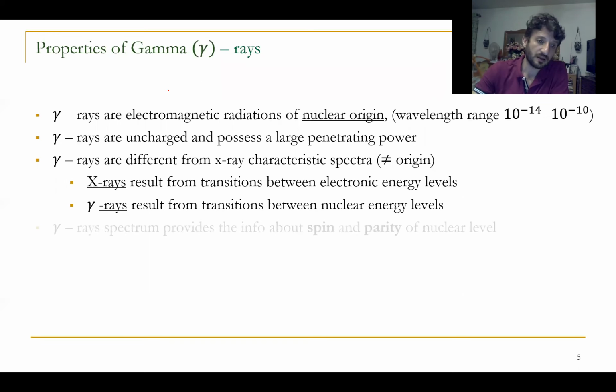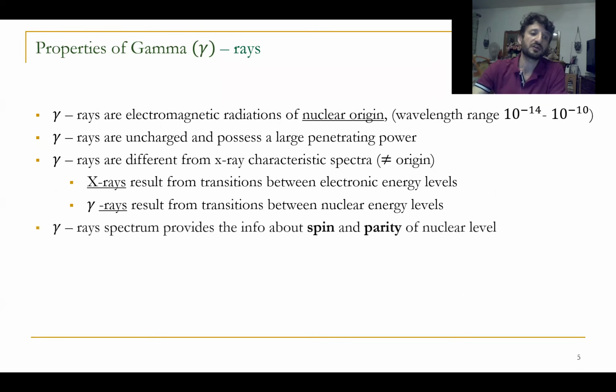Okay. The next point, gamma rays spectrum gives a lot of information about the spin and the parity of nuclear level. We can have information about I and pi. We can calculate the parity pi and the nuclear spin I.